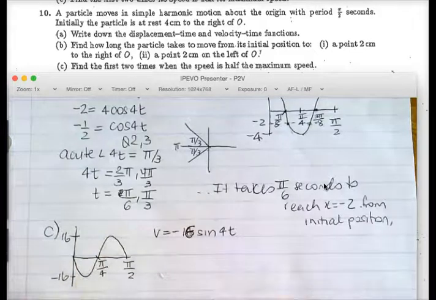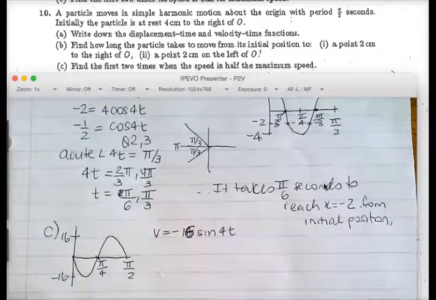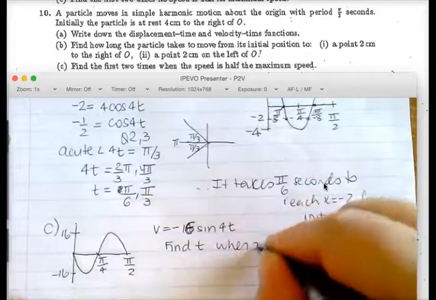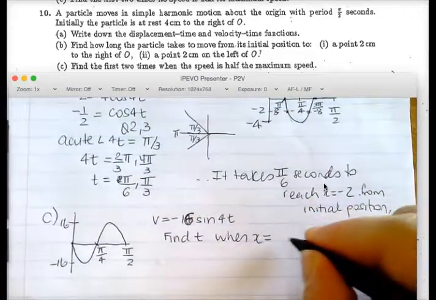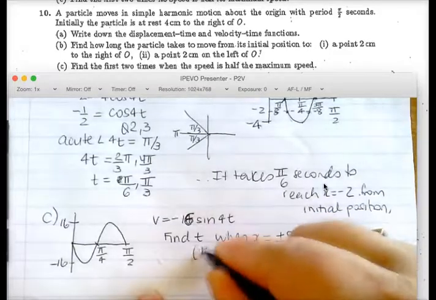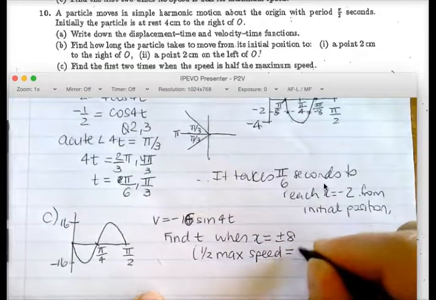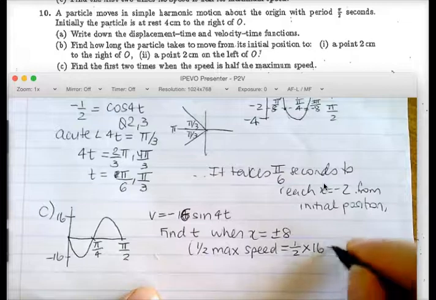Or minus, actually speed, we've got to take both. The positive 16 and the negative 16. So in other words, find t when x is what? Plus or minus 8. Half the maximum speed equals a half of 16, which is 8.